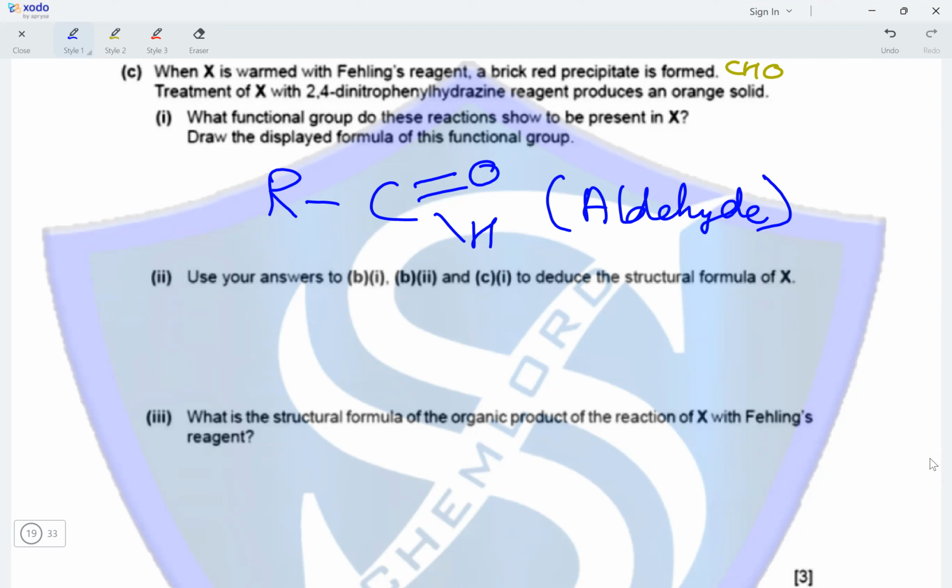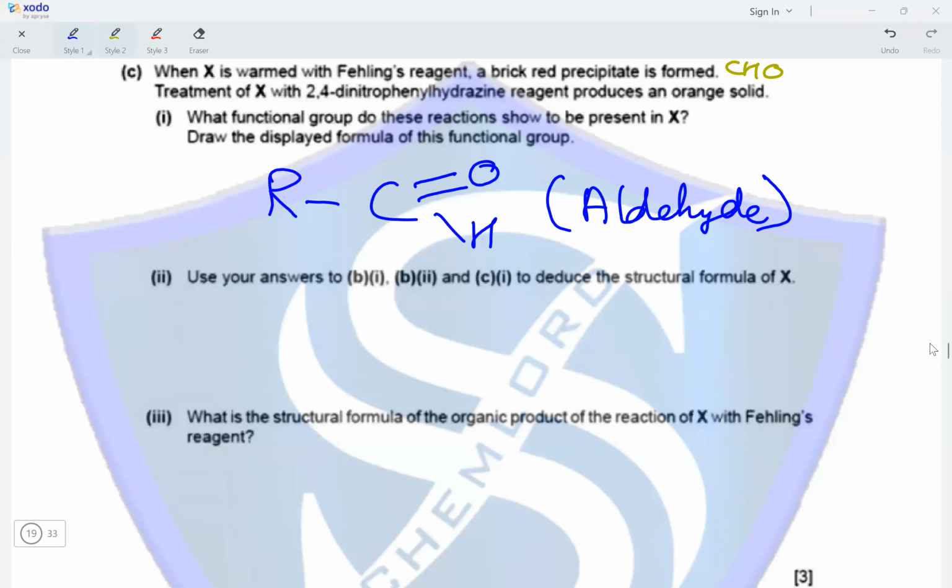Use your answer to B1, 2, and C1 to deduce the structural formula of X. So the molecular formula of X has a mass of 90 and we have an aldehyde group present and we have got two alcohol groups present in a molecule of X. Also, the molecular formula of X is CH2O.